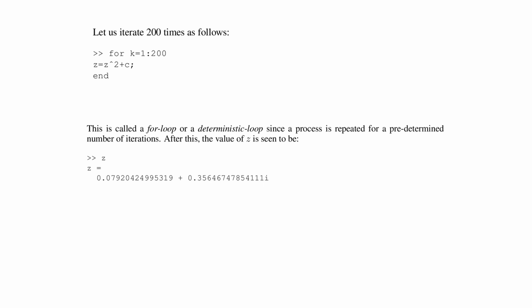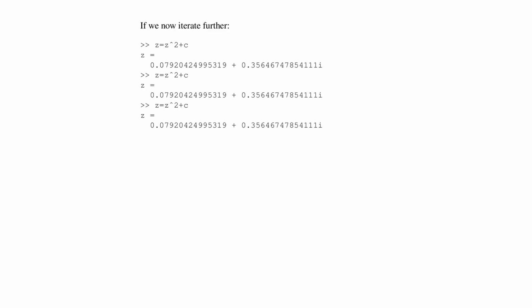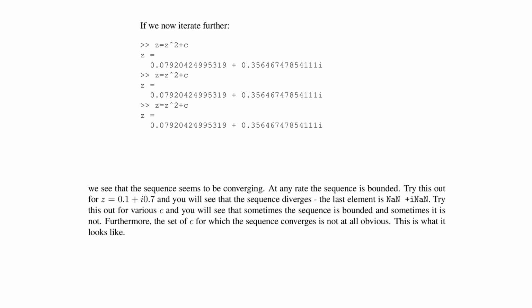And you'll discover that for various complex numbers, if you iterate many times, sometimes the sequence will diverge and sometimes it'll converge. And the idea behind the Mandelbrot set is to plot those complex numbers for which that sequence converges. So try it for another one and see what happens.